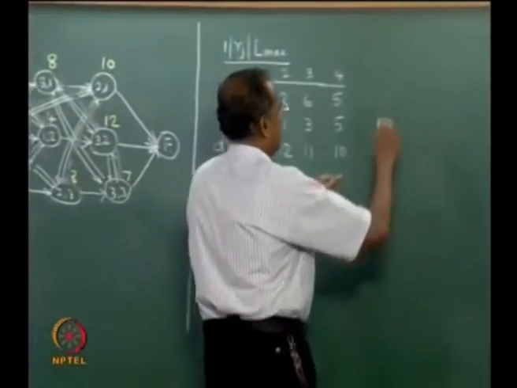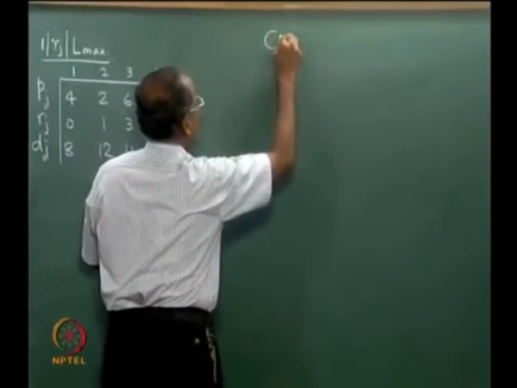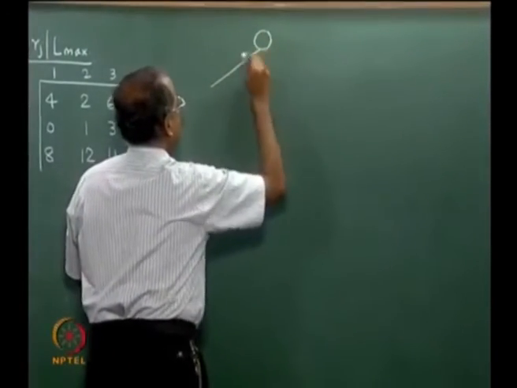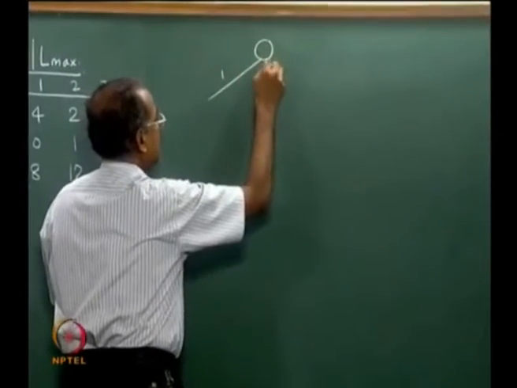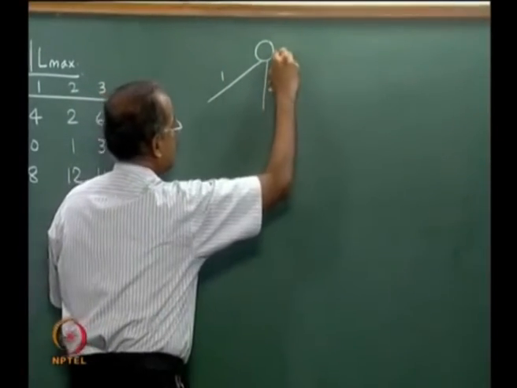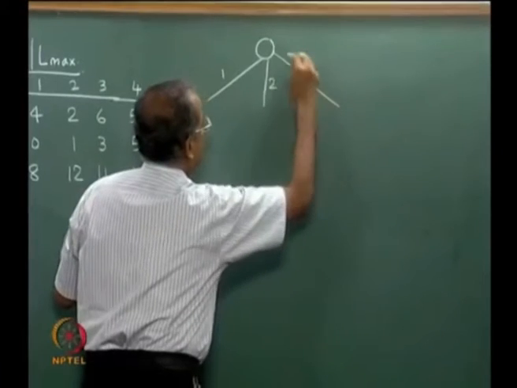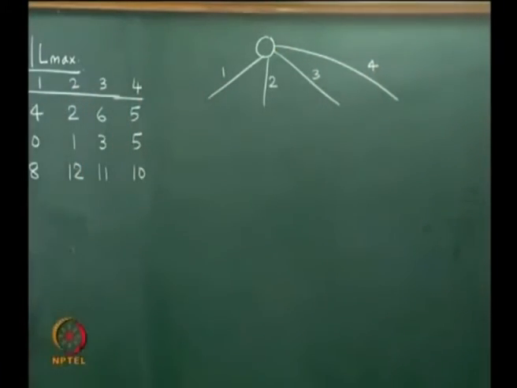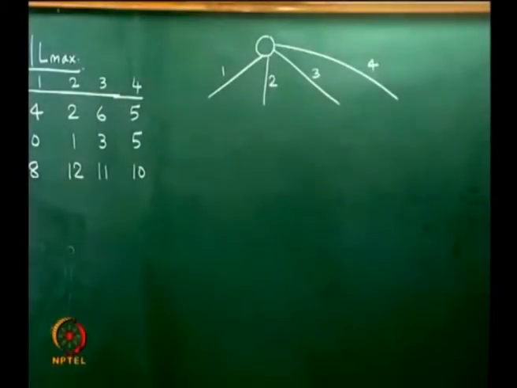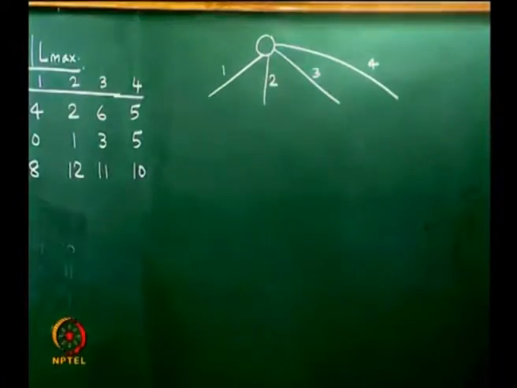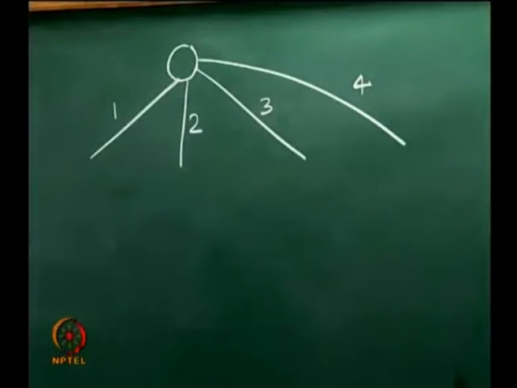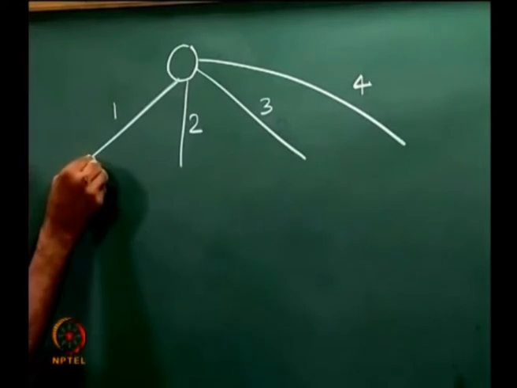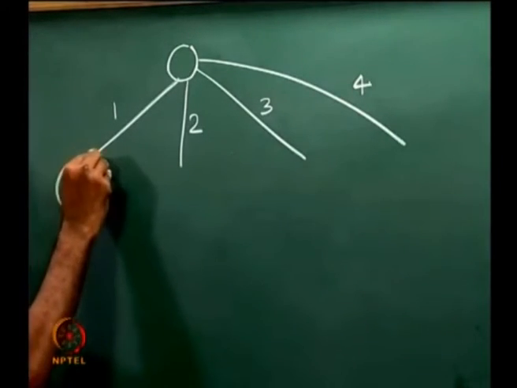So, let us start here with a starting tree, and then let us say that job 1 is the first job, job 2 is the first job, job 3 as first job, and job 4 as first job. Now, when we take job 1 as first job, we want to find out a lower bound on Lmax.